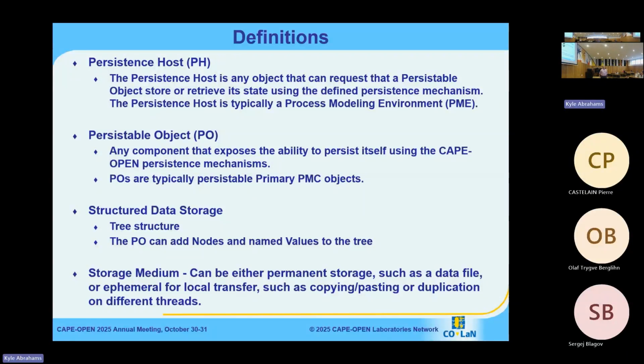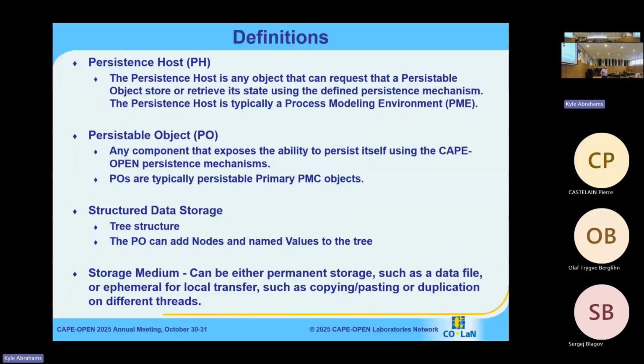There's also a structured data storage container. It's kind of a tree structure. It'll have keys and it'll be key value paired. And then the persistible object, as it's saving itself, can add nodes and name values in the tree. And then the storage medium, you can either save it to a permanent storage, such as a data file or some other ephemeral, less permanent things.